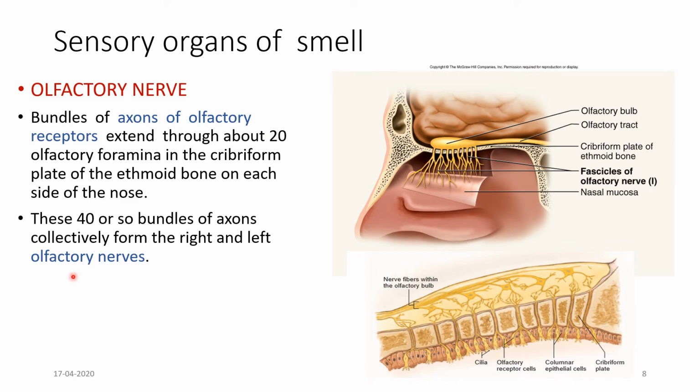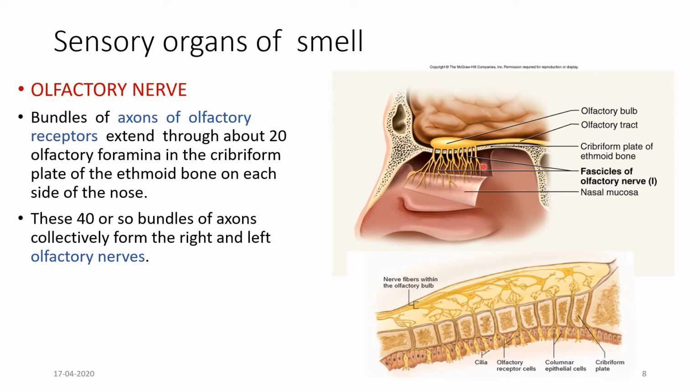Now, let us see what is the olfactory nerve. So, bundles of axons of olfactory receptors are passing through nearly 20 olfactory foramina in the cribriform plate of ethmoid bone on each side of the nose. These 40 or so bundles of axons collectively form the right and left olfactory nerves.